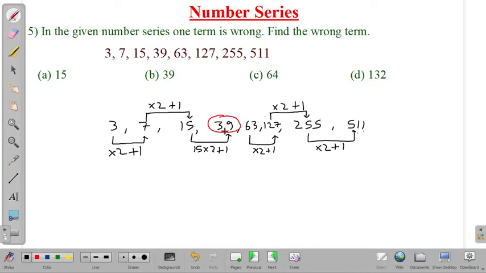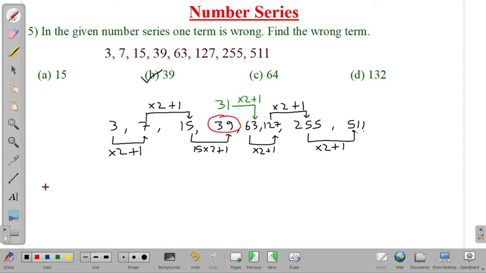What will be the correct term? It must be 15 into 2, 30 plus 1, 31. So 31 must be the correct term, and if we multiply 31 by 2, we will get 62 plus 1, 63. So here the same logic is applied, into 2 plus 1. So the wrong term must be 39. So option B is correct.